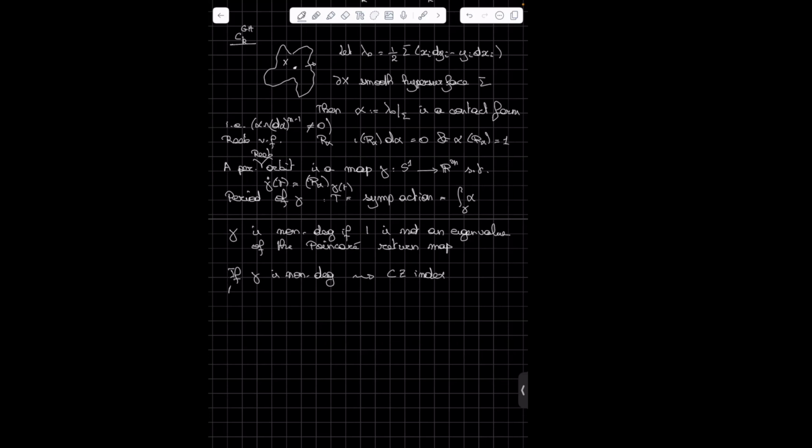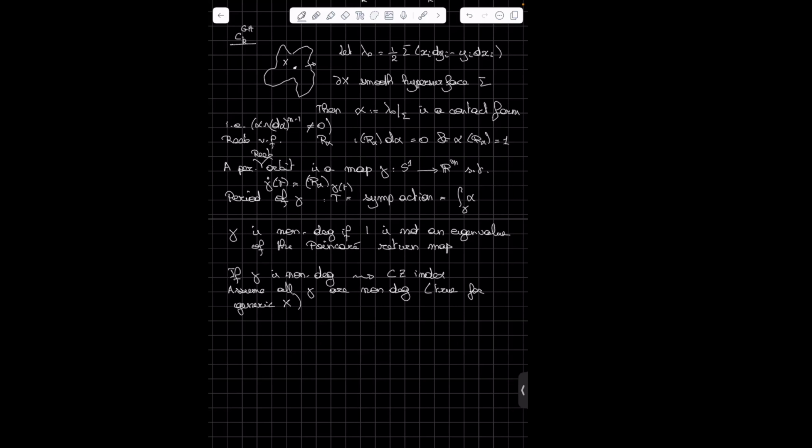Now, assume that all periodic orbits gamma are non-degenerate. This is true for a generic star-shaped domain.